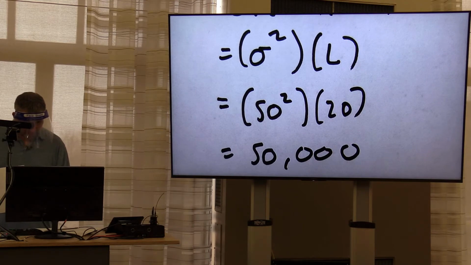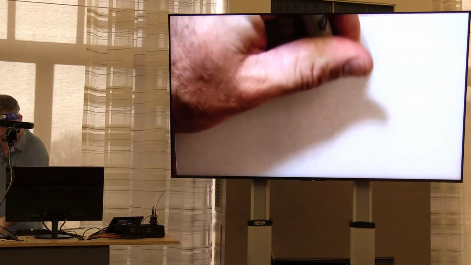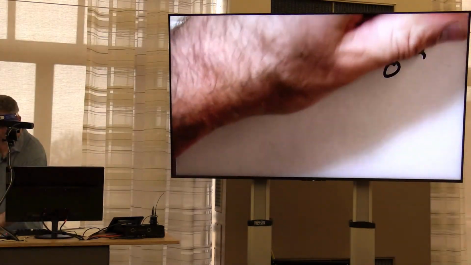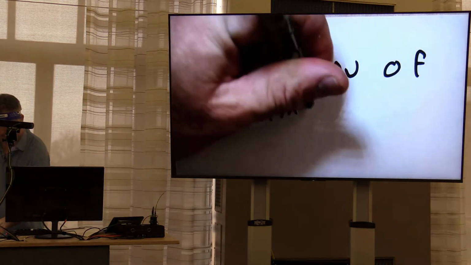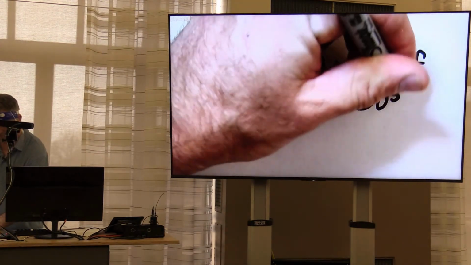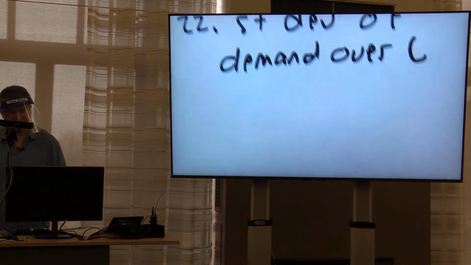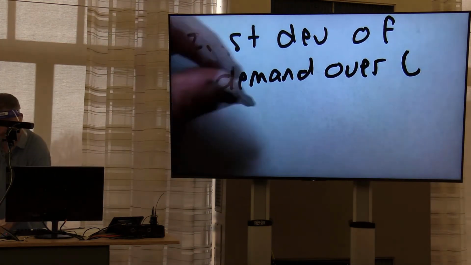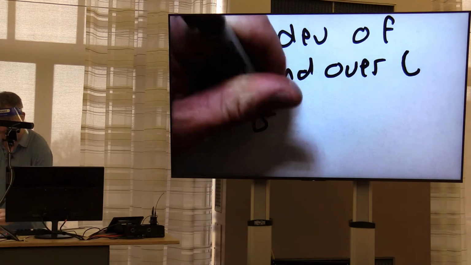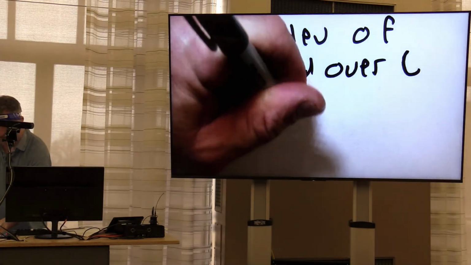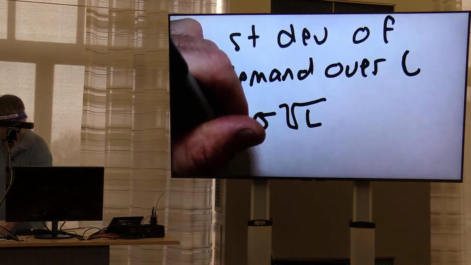Then 22, what is the standard deviation of demand over lead time? And we saw that's just the standard deviation of daily demand times the square root of lead time.